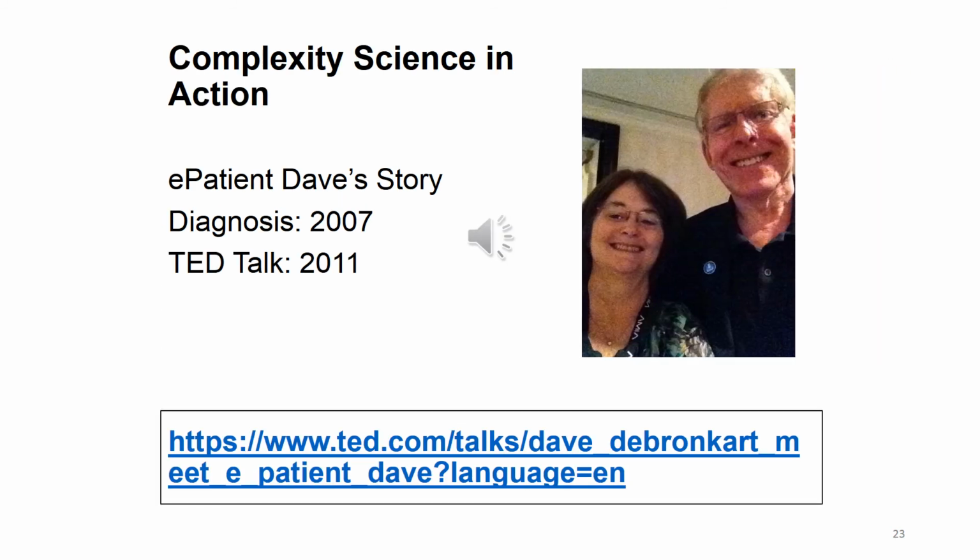I like to provide the example of complexity science in action from e-patient Dave's story. Some of you may have known that he actually came to the UT Austin School of Nursing last December, and maybe some of you were able to go to his talk. But basically, this talk talks about how a variety of different things happened that led to him, after a very serious diagnosis, getting a cure.